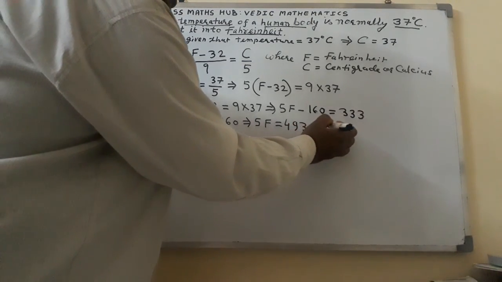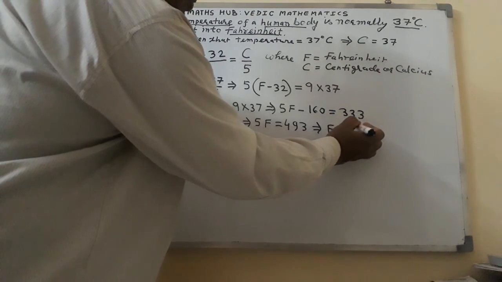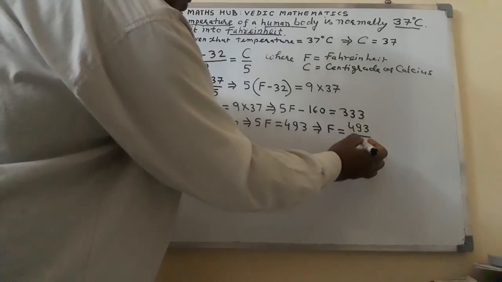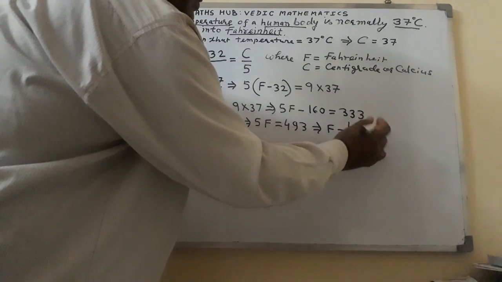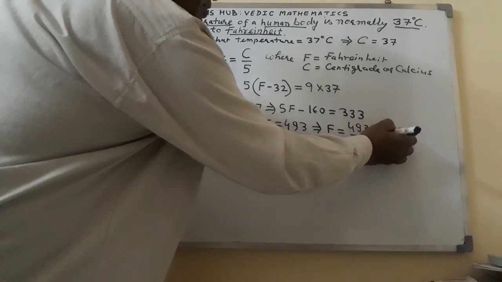Again I shall write F equal to 493 whole over 5.